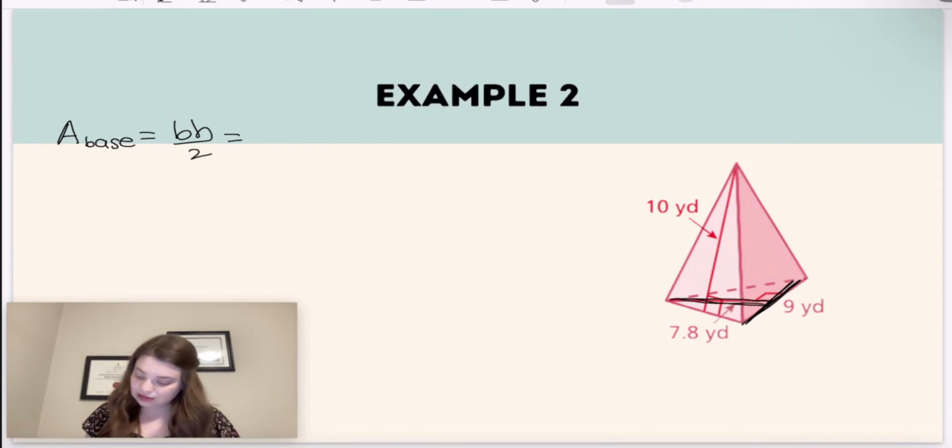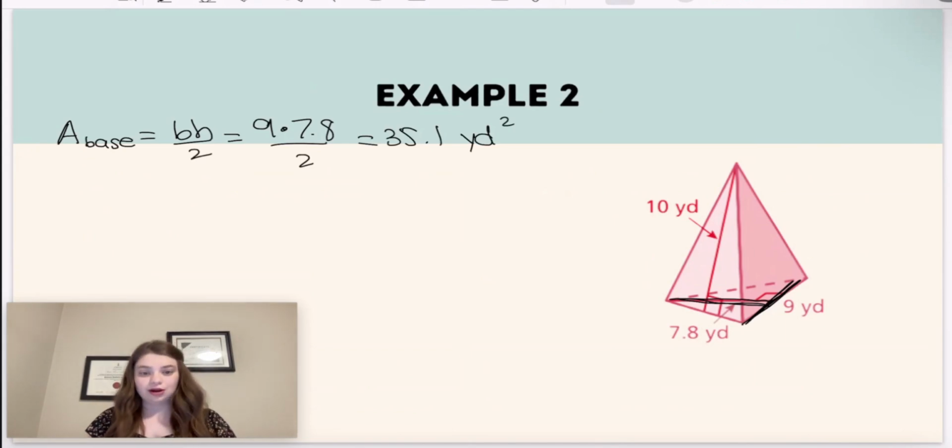So therefore my answer is going to be 9 times 7.8 divided by 2. And if we take out our calculator and type in 9 times 7.8, we'll get 70.2. If we divide that by 2, we get 35.1. So therefore 35.1 square yards is the answer here.